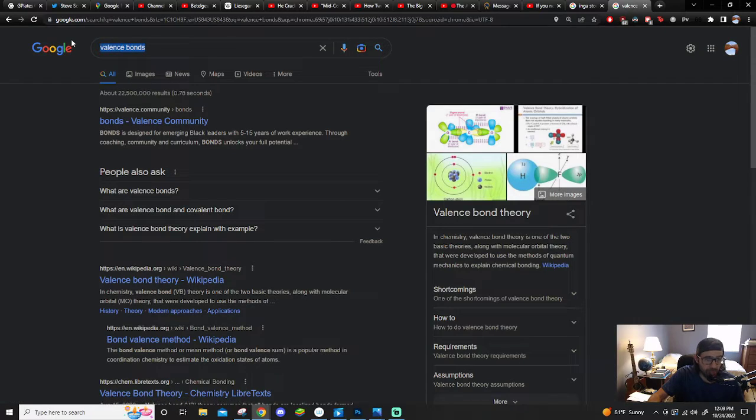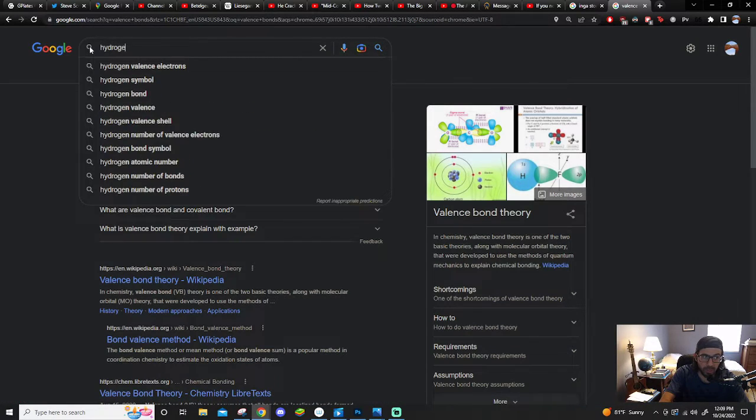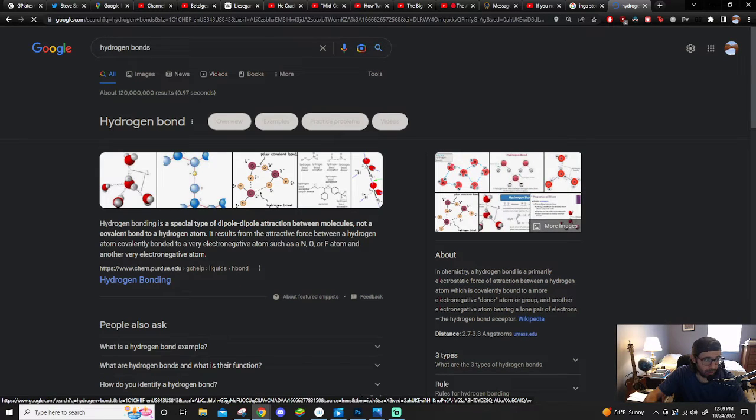Hydrogen bonds. So I was thinking, depending on the number of valence bonds, some elements like hydrogen can only have one bond. Others can have several, but even though I just said hydrogen can only have one bond, it can actually have hydrogen bonds, which are a pretty unique, special type of bond.